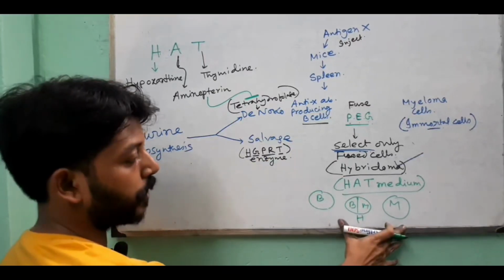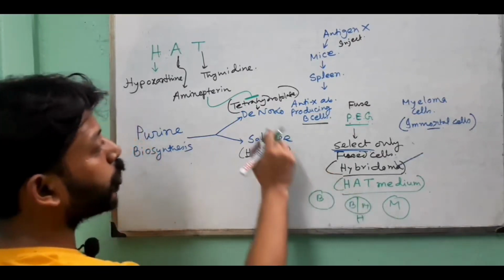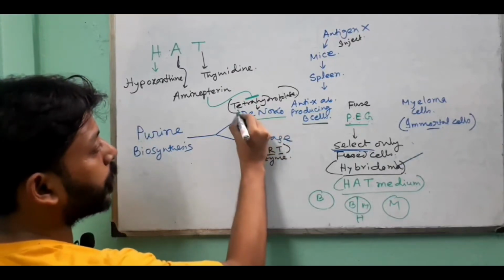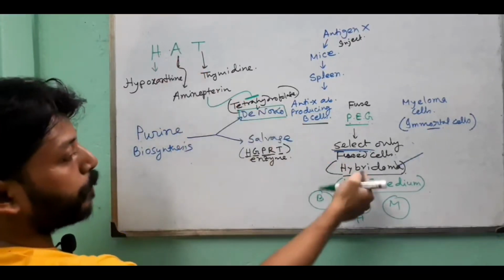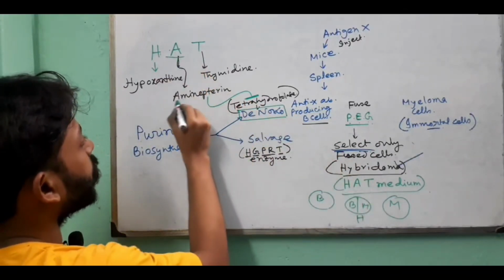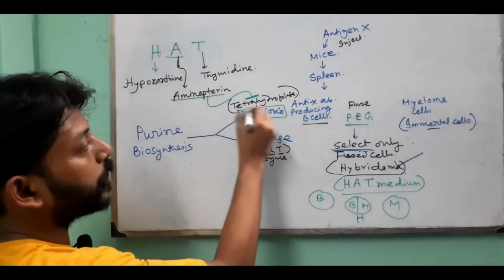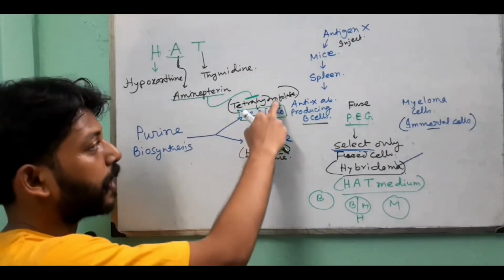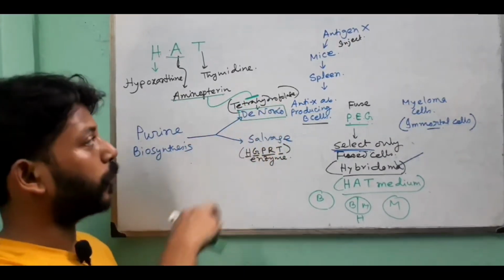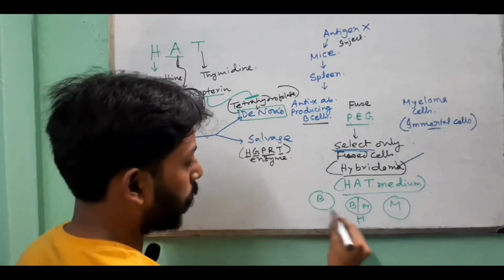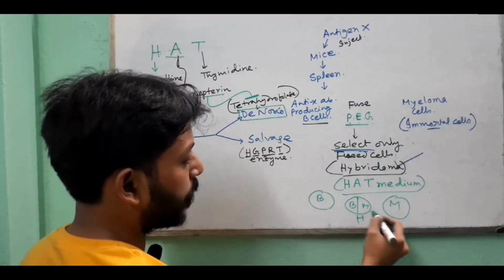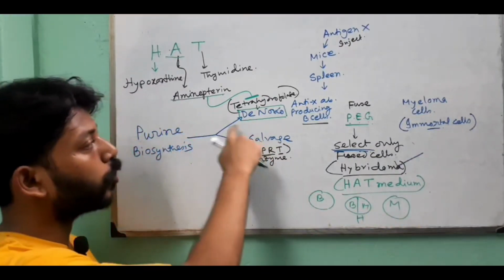But these three cells will not go through the de novo pathway, because in the medium aminopterin is present, which inhibits tetrahydrofolate, and tetrahydrofolate is required for the de novo pathway.